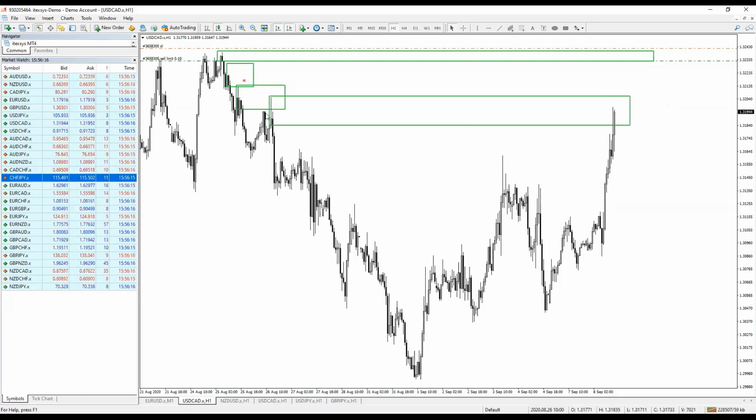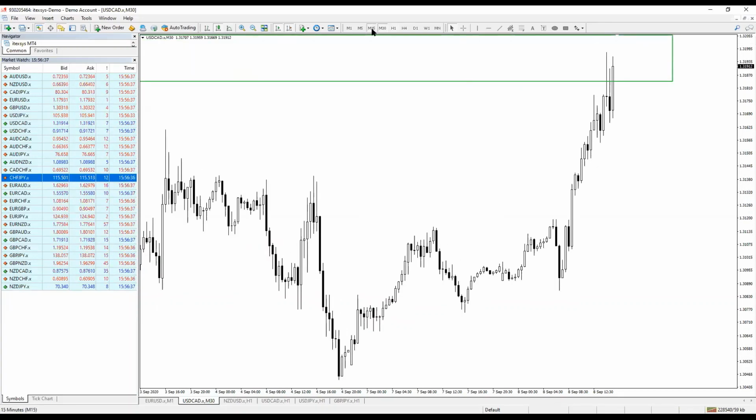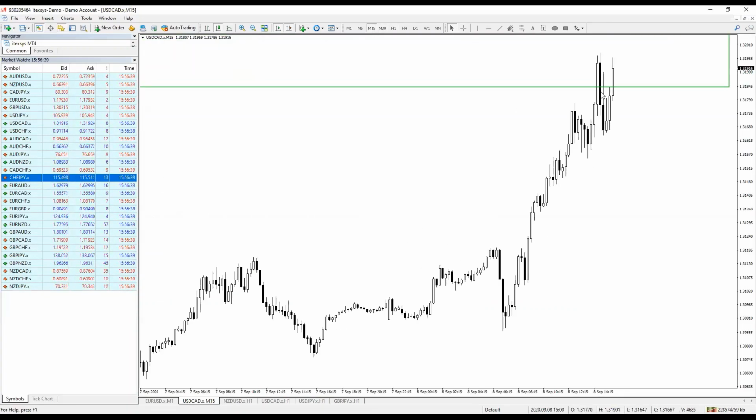So we see that when price approaches this zone the first time, look what happened. Maybe you are seeing a fail here, but I don't. I see that reaction. If we go to a lower time frame, let's say M15, we still have that zone created by the H1.